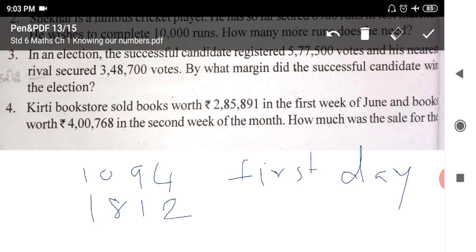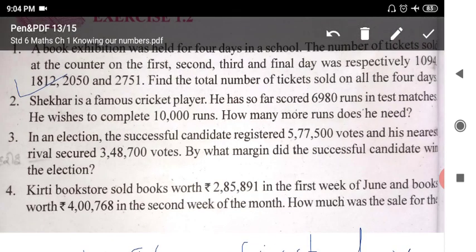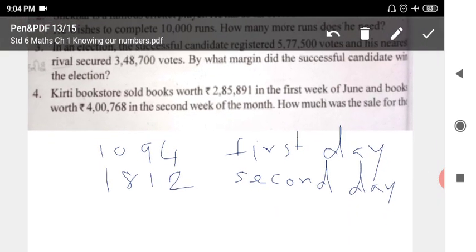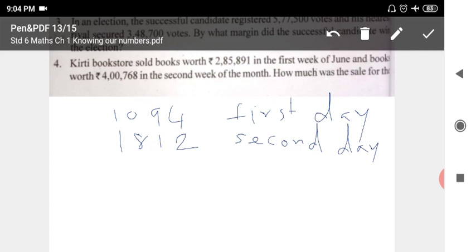This is on the second day. Next, on the third day, about 2050 tickets were sold.